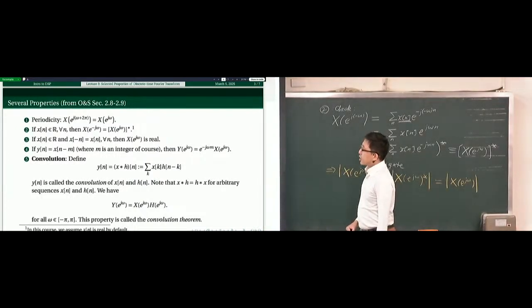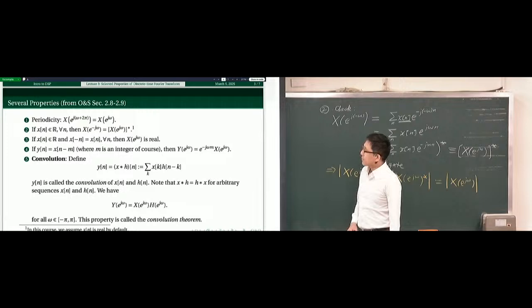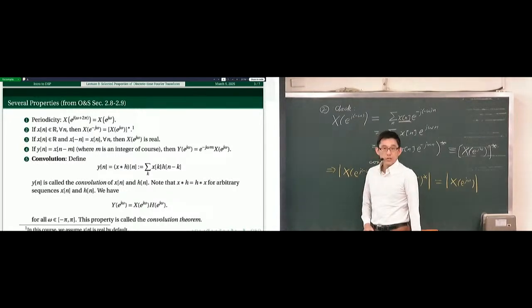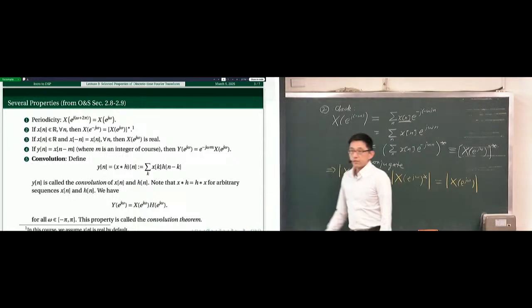Given these two conditions, it turns out that you can show that the spectrum is going to be real valued. In other words, there will not be an imaginary part. The imaginary part of that spectrum is going to be 0. Purely real. Okay? So I leave the proof as an exercise.